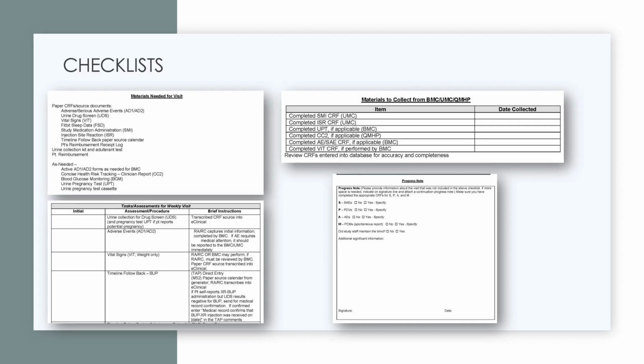That way, study data and documentation remain organized, which helps to ensure everything is in place and easy to find. And the last section is the progress note that includes required checkboxes to complete, a free text area to capture any needed supplementary details, and a place to sign and date the form.